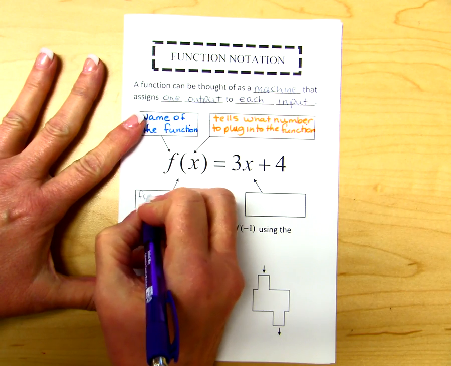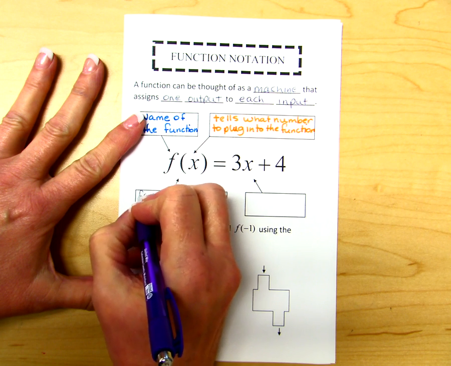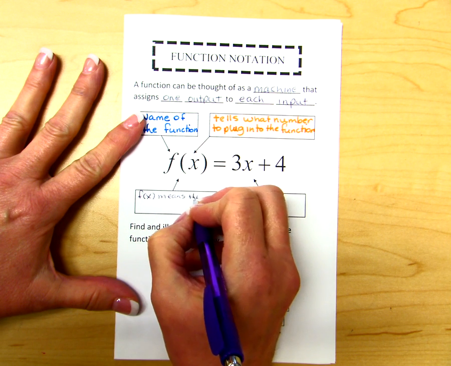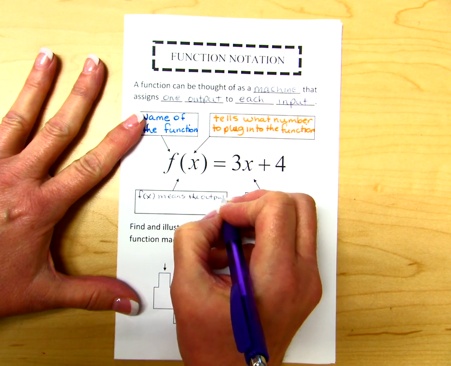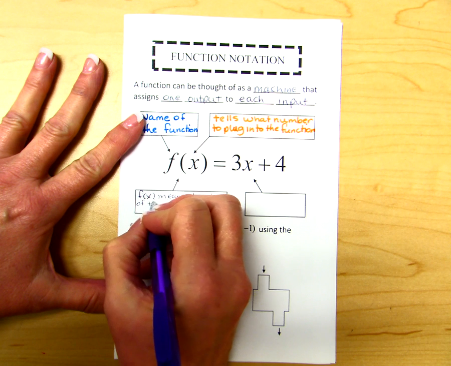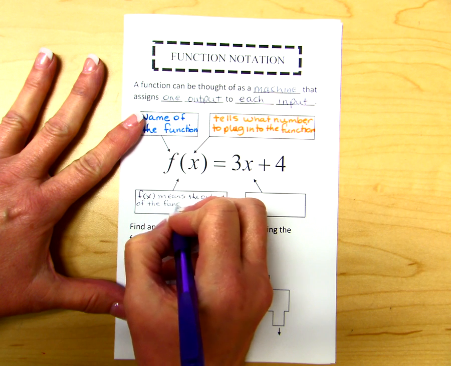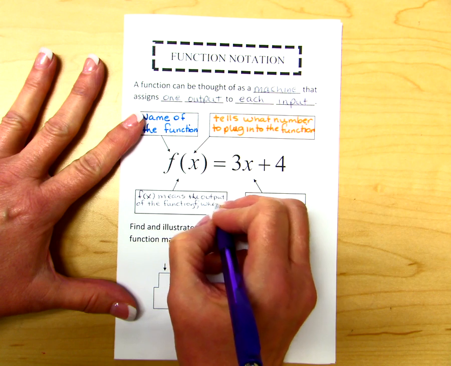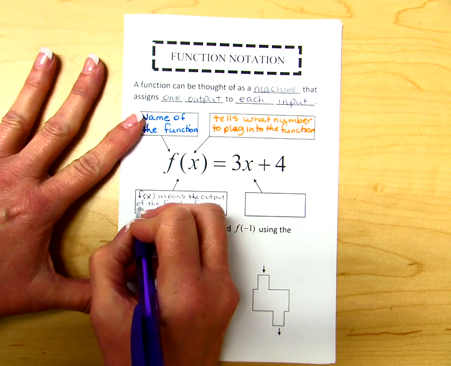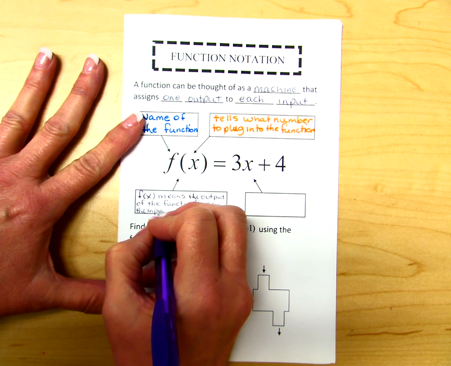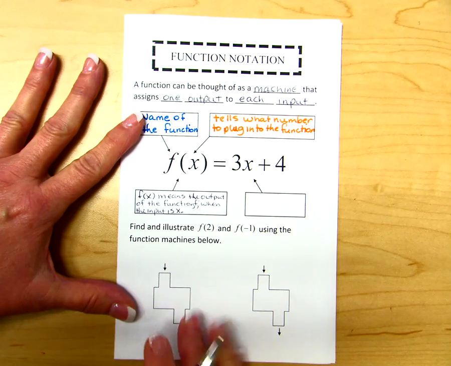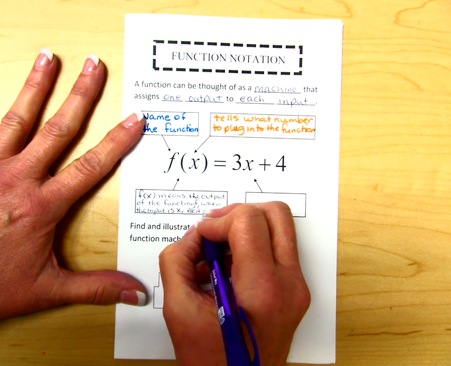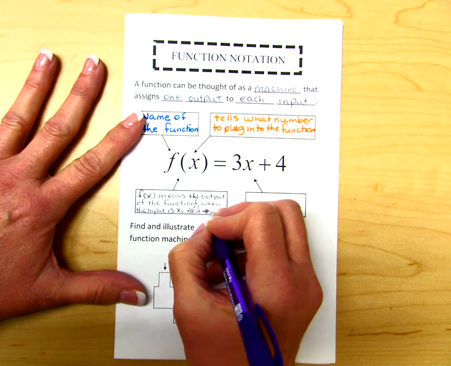So f of x, this symbol here, an f and then an x in parentheses, means the output of the function f when the input is x. Also known, or AKA, y.